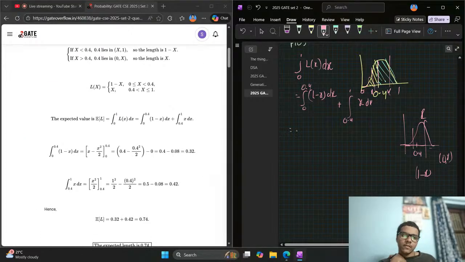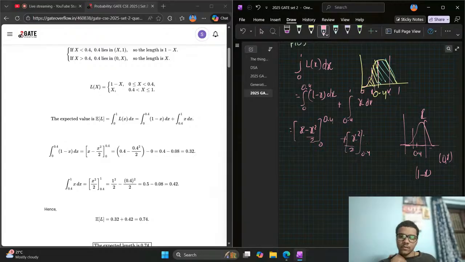Okay, let's do this. The integral of 1 minus x dx is x minus x squared by 2, from 0 to 0.4, plus x squared by 2 from 0.4 to 1.